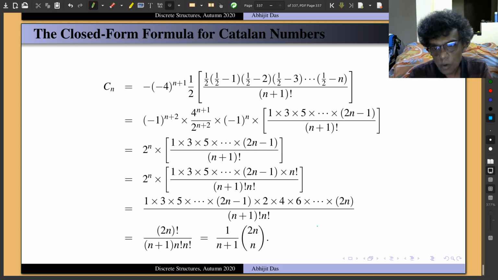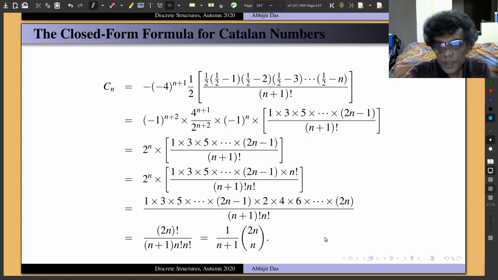So I hope you now grow some confidence in the usefulness of generating functions for solving a variety of counting problems and solving recurrence relations.